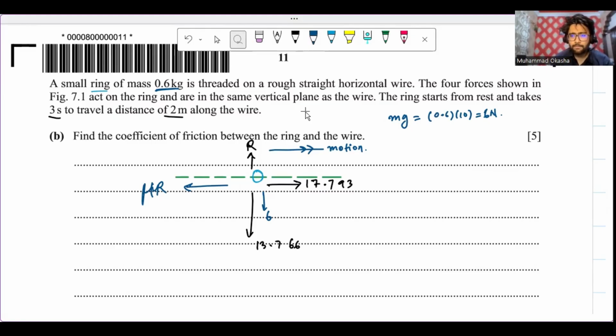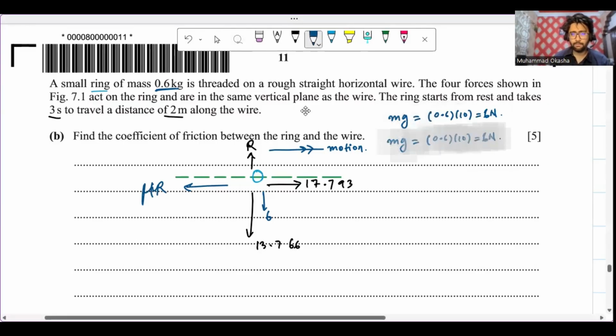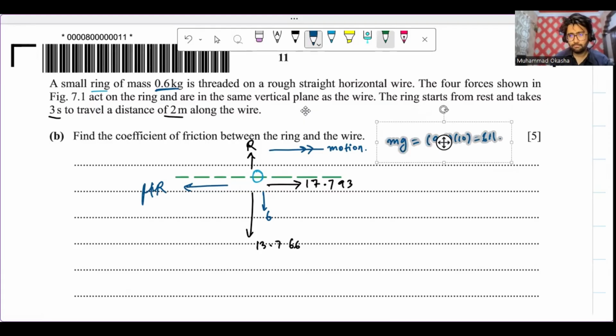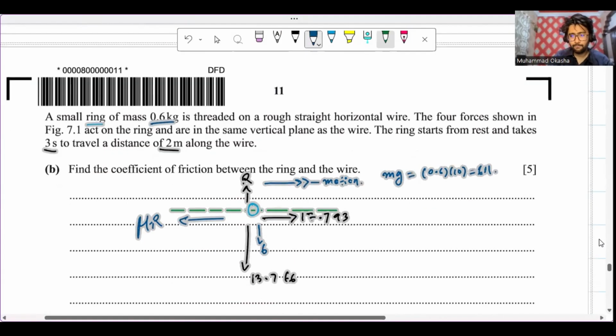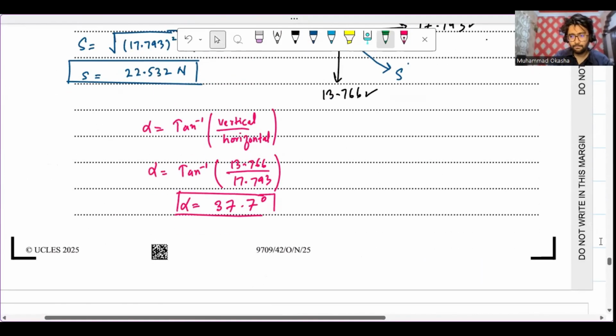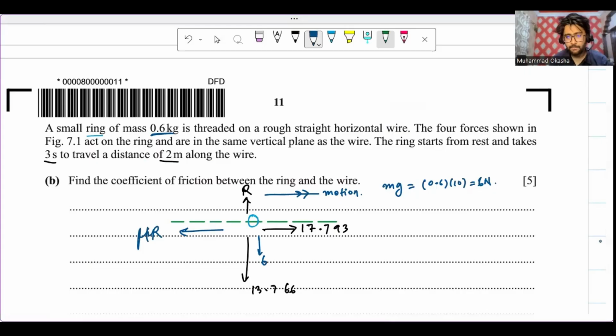The ring starts from rest, which means the initial velocity u is equal to 0, time is equal to 3 seconds, and s is equal to 2.